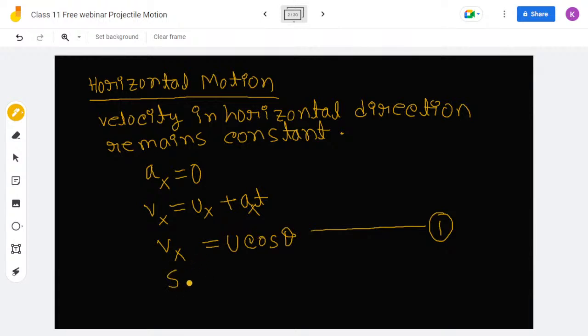Again, we can see that sx equal to uxt plus half axt square.